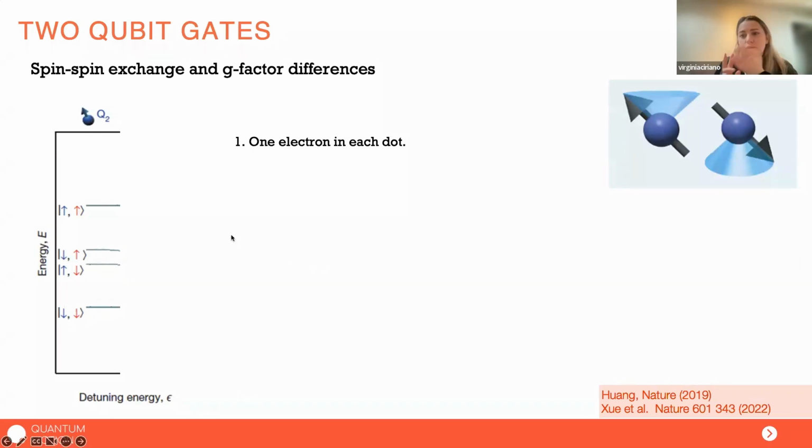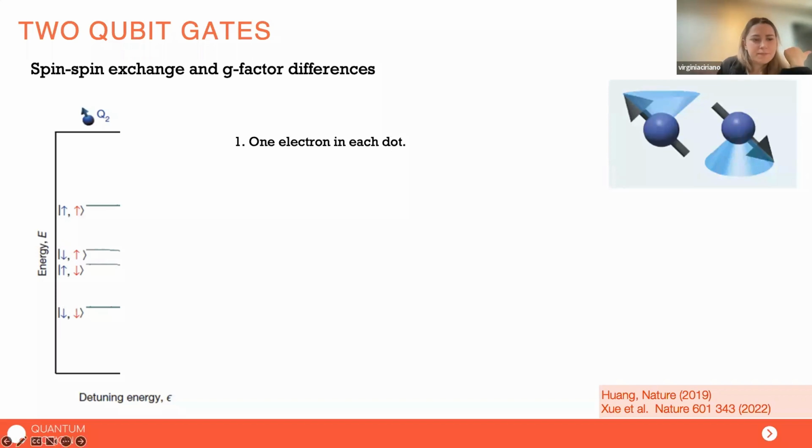but there are basically two interactions that are important. The first one is the spin-to-spin exchange, and the other one is the G-factor difference. So imagine that you have 2 quantum dots that are quite close to each other, and you have 1 electron in each dot. Now, because of the material difference or some strain, normally the G-factor is slightly different in one quantum dot than in the other.